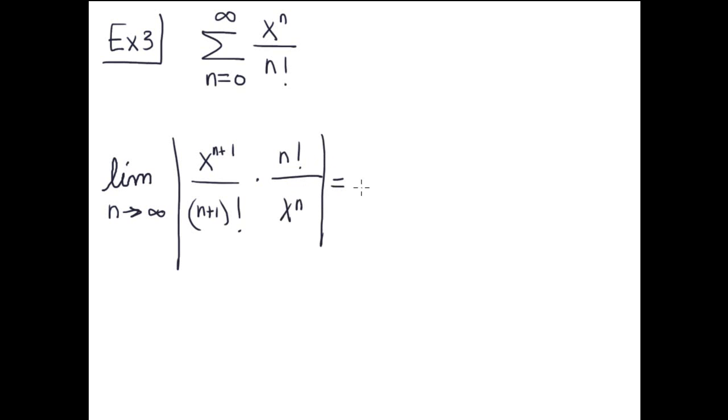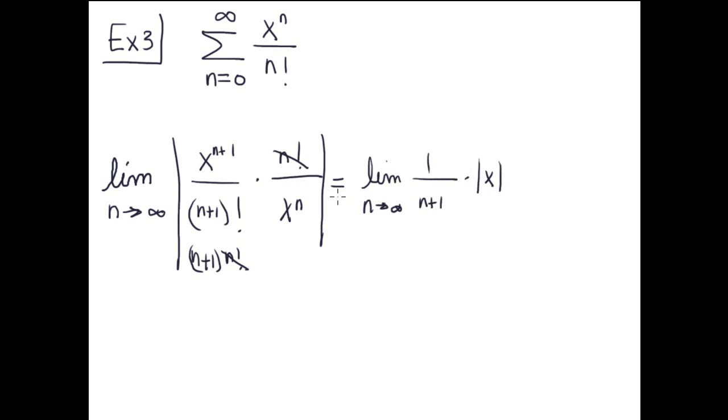This is the limit when n approaches infinity. We have (n+1) factorial, which is (n+1) times n factorial. The n factorial cancels, so only 1 over n+1 times the absolute value of x stays.